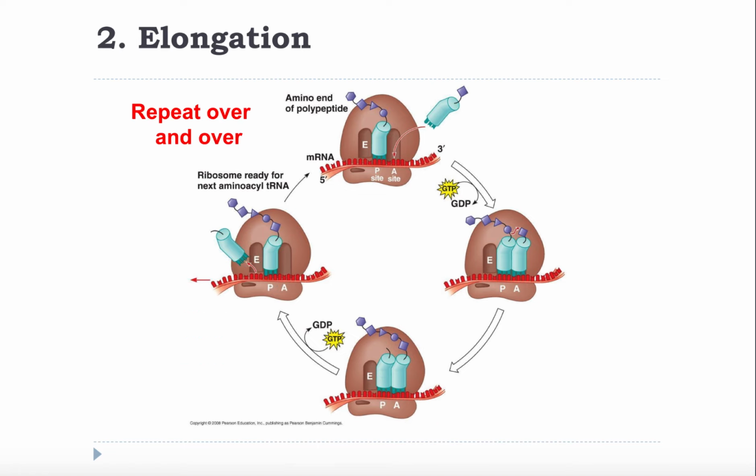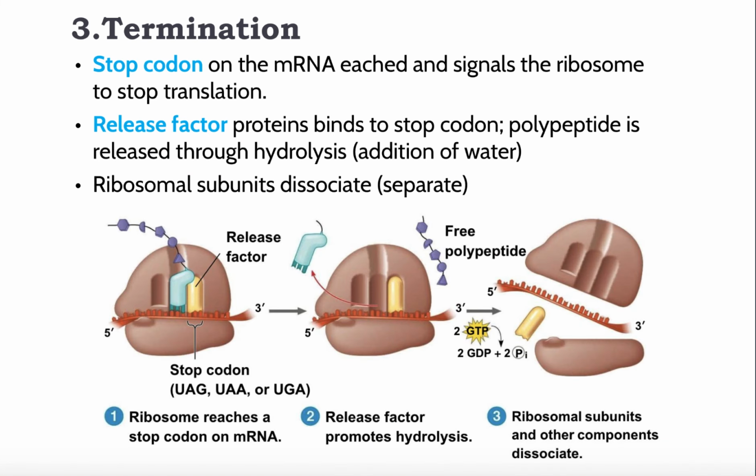And you repeat this over and over for each new added amino acid and each new codon. Then when you hit the end of the mRNA sequence, or maybe somewhere in the middle if there's a mutation, and you hit one of the 3 stop codons, that stop codon doesn't lead to a new tRNA coming into the A site.